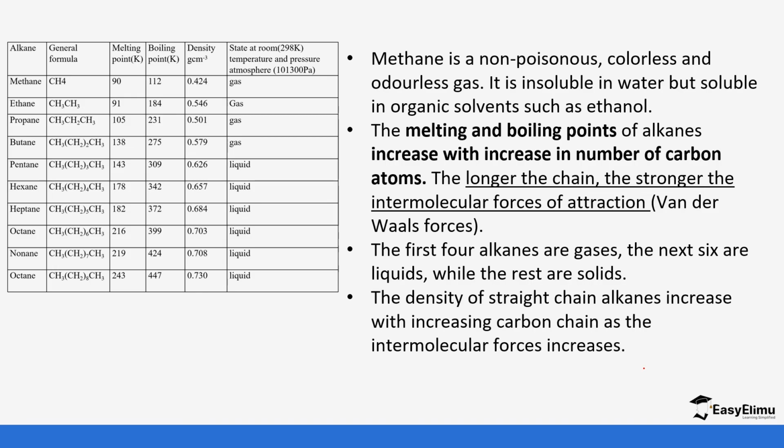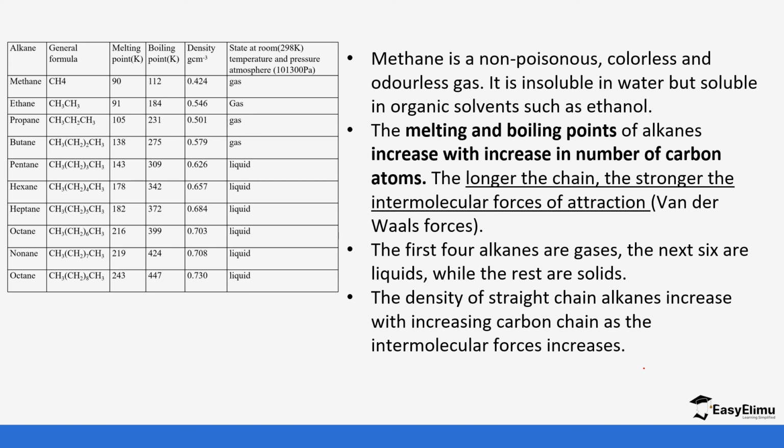So the density also is directly affected by the strength of the forces and the size of the molecule. The density of straight chain alkanes increases with increasing carbon chain as the intermolecular forces increase. Is it lighter or heavy? It depends on the size of the molecule.